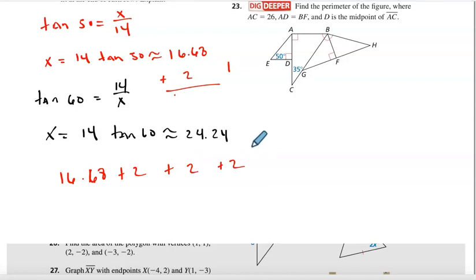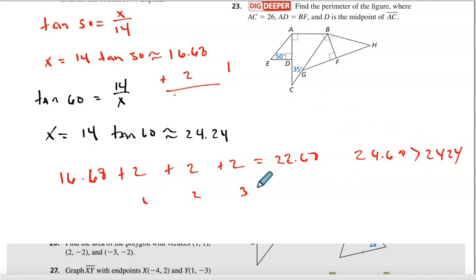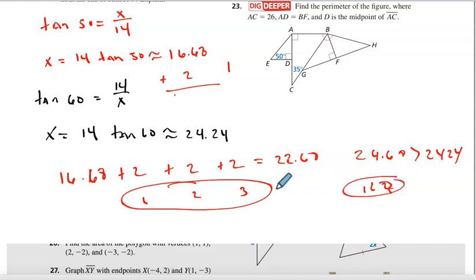So we got 16.68 plus 6 equals, so far we have 22.68. That's for 1, 2, 3 students. And if we add another 2 feet, it brings us to 24.68, which is bigger than 24.24. So we can't do that 4th student. We could do 3 students on the left, 1, 2, 3 students on the right. So we could do a total of 6 students.